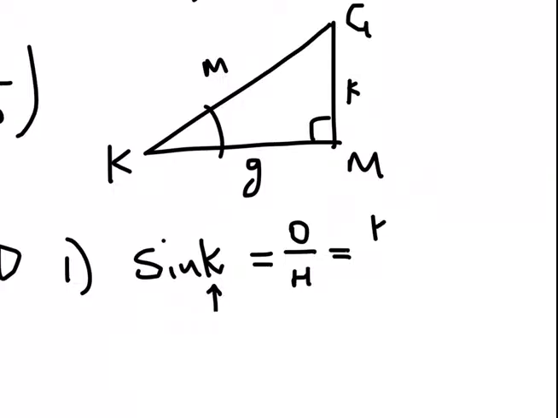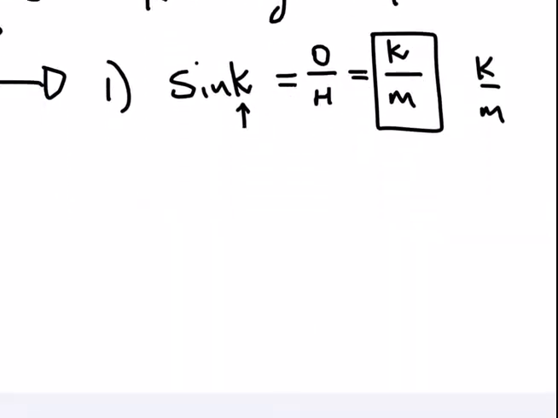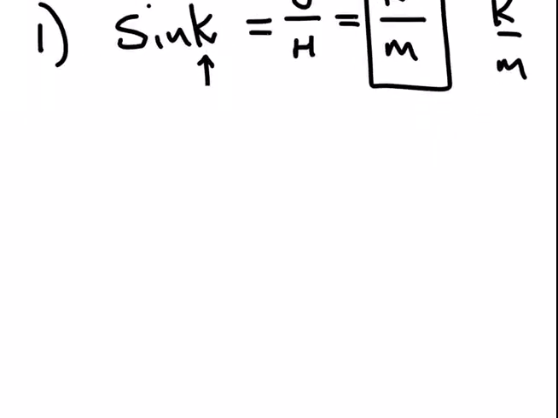Definitely it is that small letter K. Which side is the hypotenuse? Definitely that small letter M, because it is the side opposite that 90 degrees. So the final answer that I am looking for is sine of angle K, it's actually K over M.